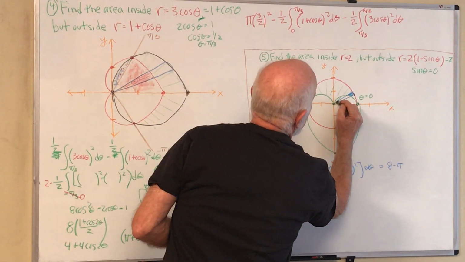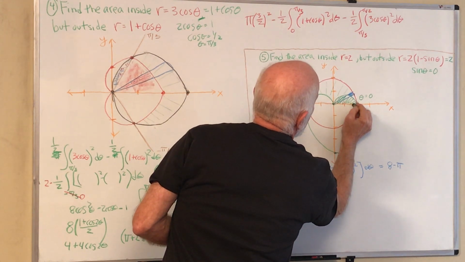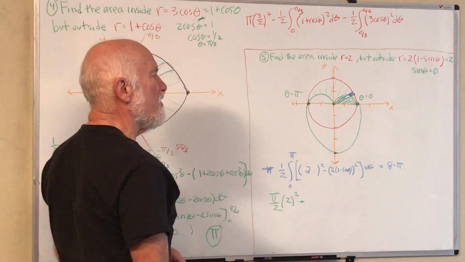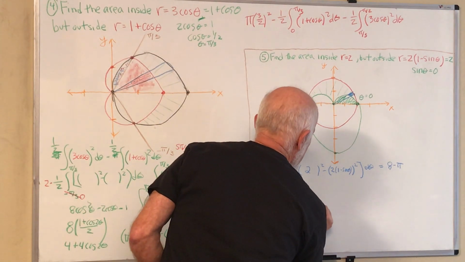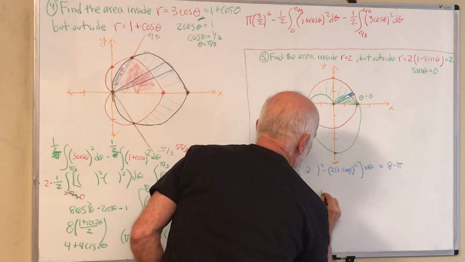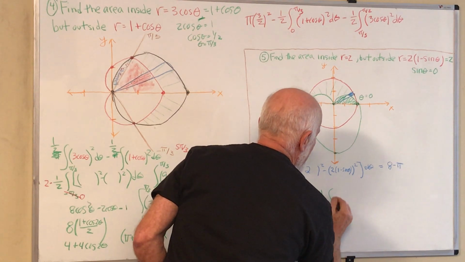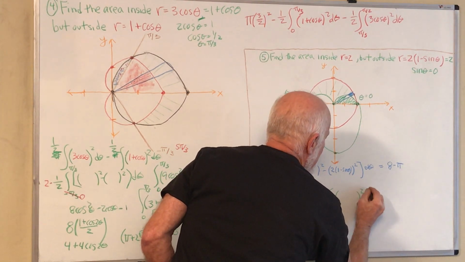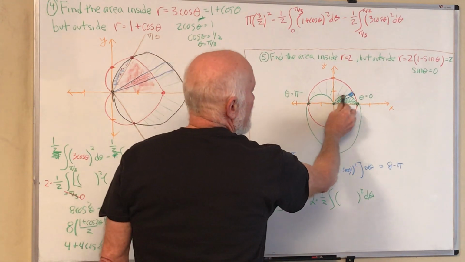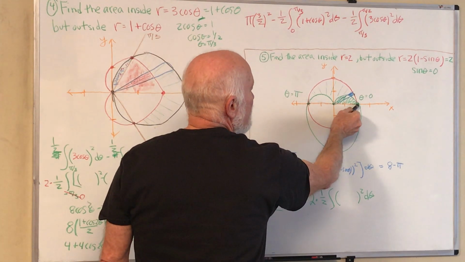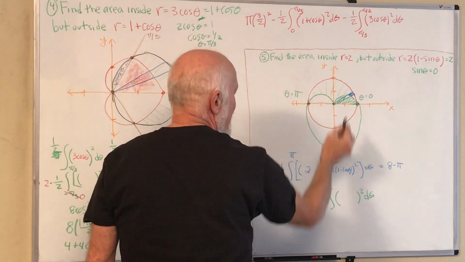We have to subtract 2 of these, and they're the same thing. So I could go 2 times 1/2 the integral of r squared d theta. And for this little one right here, you're only going from 0 to pi over 2.